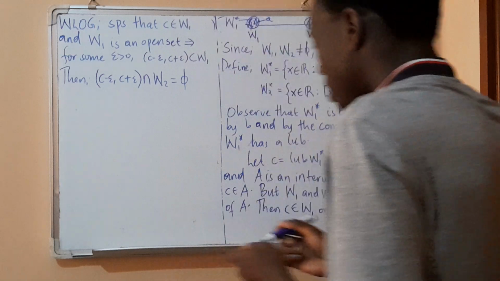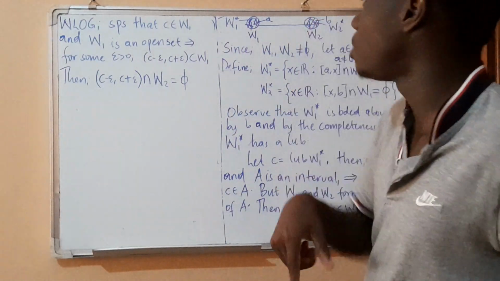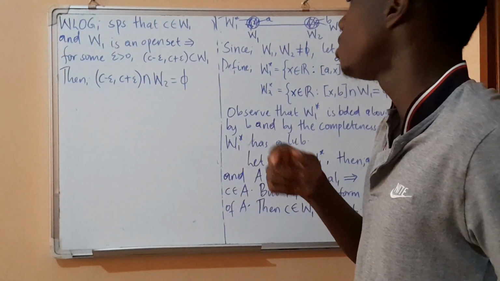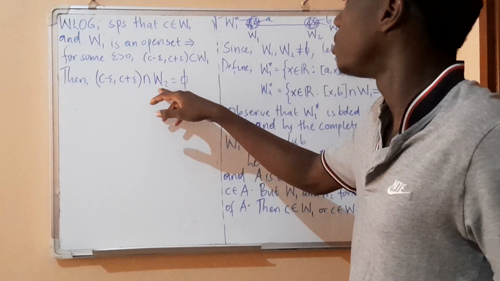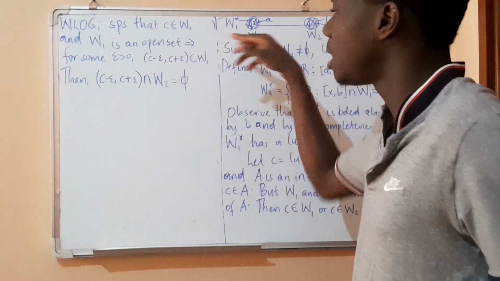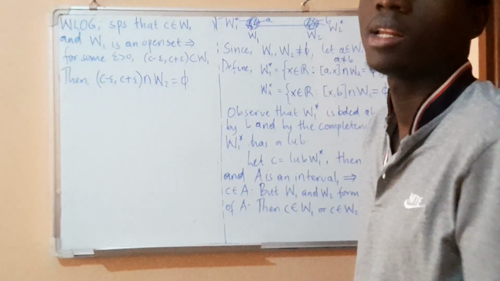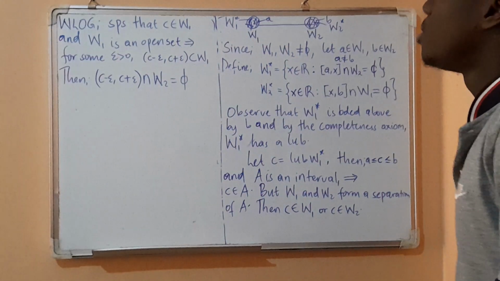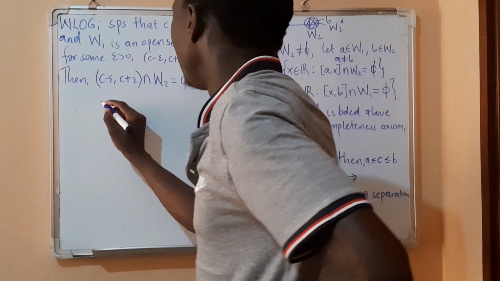Why is it an empty set? Because W1 and W2 are disjoint. Since this set is in W1, it cannot meet with W2. So what does this imply?